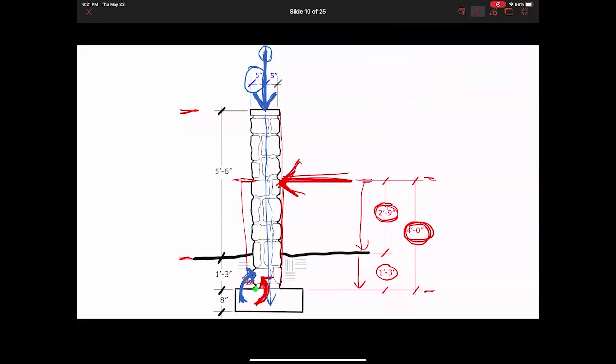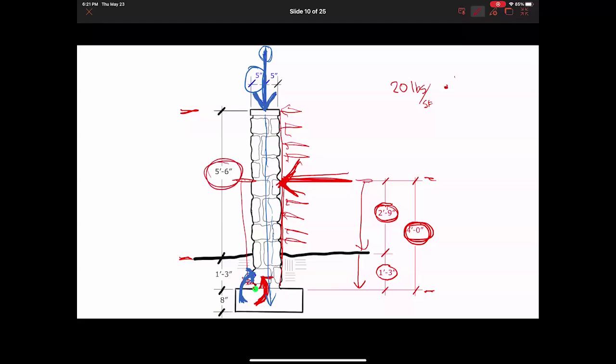We are told that this force is 20 pounds per square foot. And we'll look at one linear foot of this and just treat that as our unit. So at 20 pounds per square foot, we can multiply that by all of the wall that's being exposed to the wind, which is 5.5 feet.